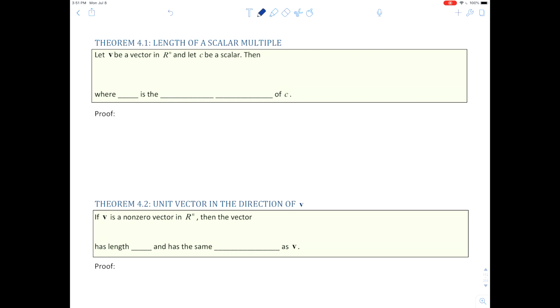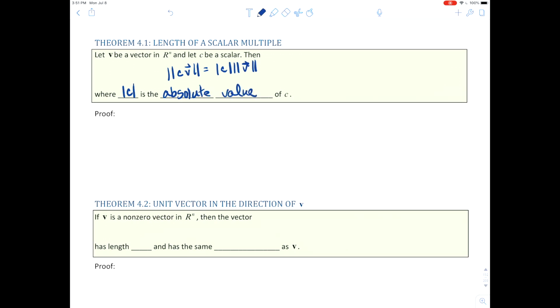Let v be a vector in Rn, and let c be a scalar. Then, the magnitude of c times v is equal to the absolute value of c times the magnitude of v, where this notation here is the absolute value of c.